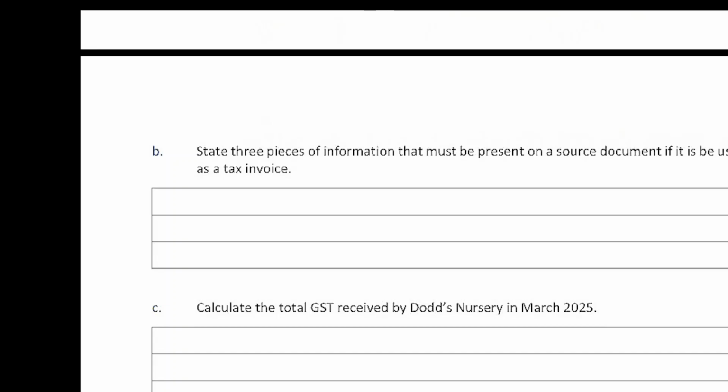Number three, different amounts have been recorded on each side.